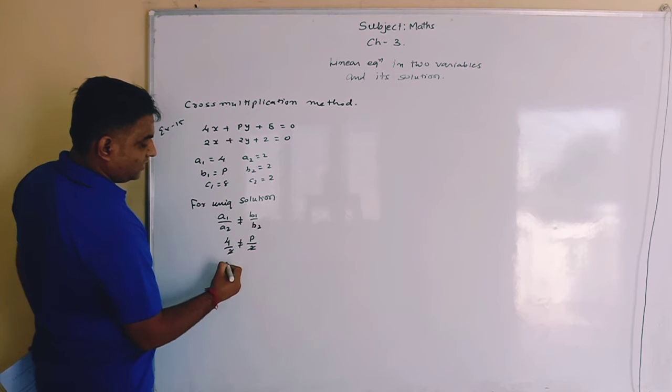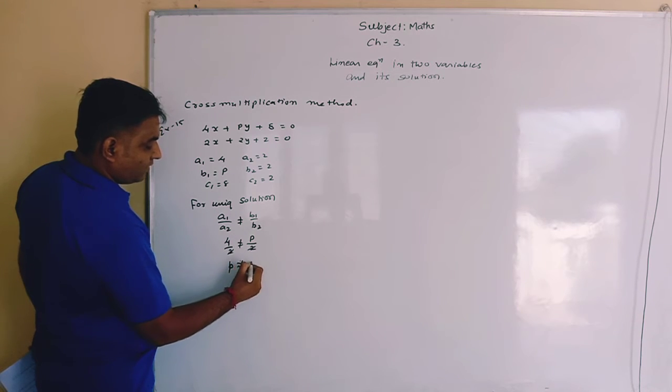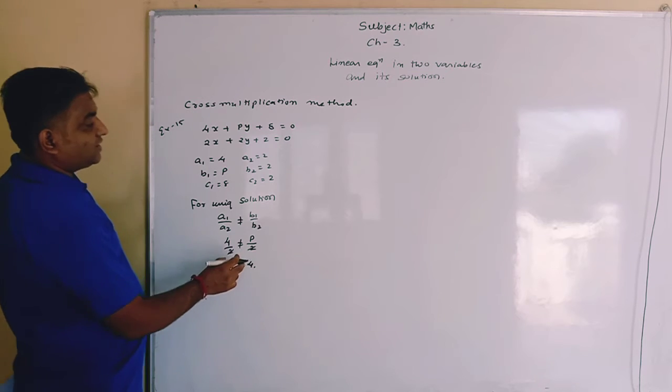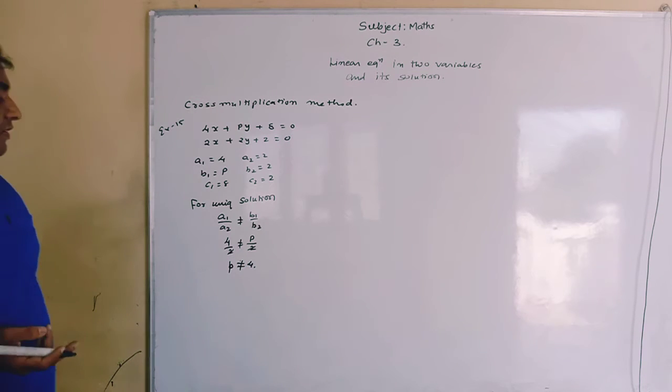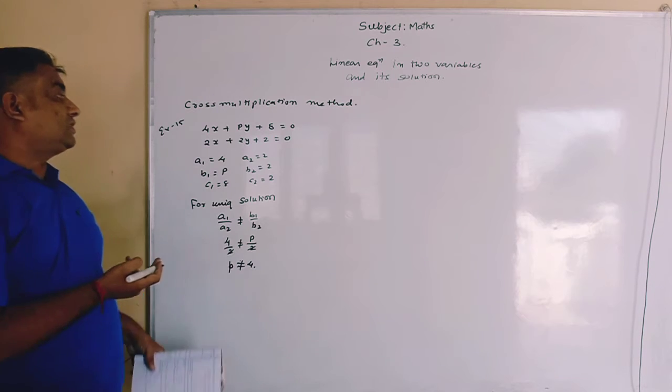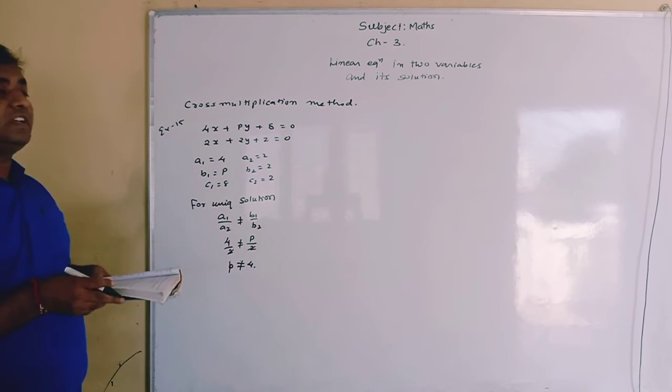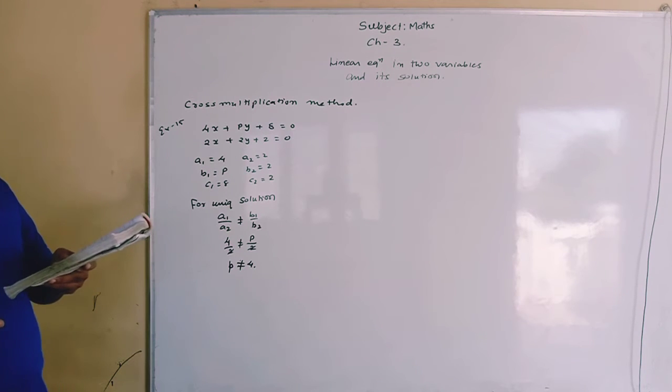So the 2 cancels here, and so p is not equal to 4, and so for any other value of p, we say that this equation has the unique solution.